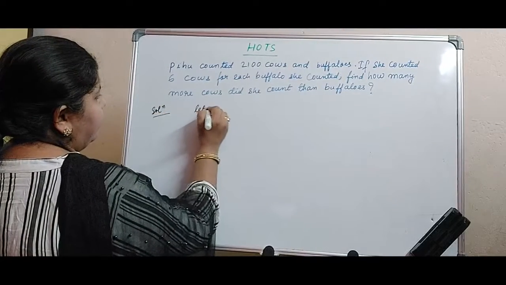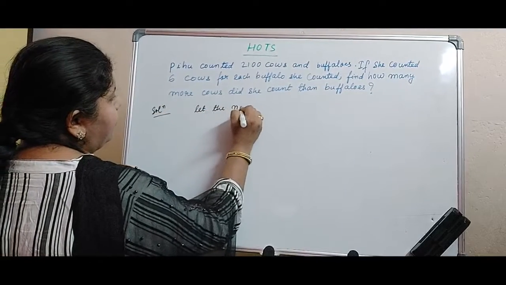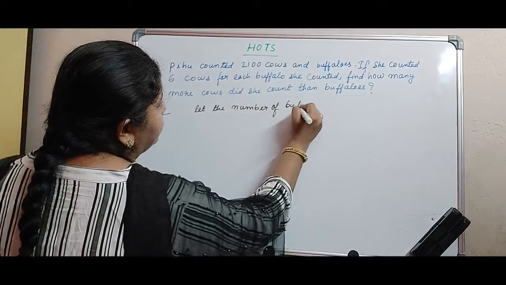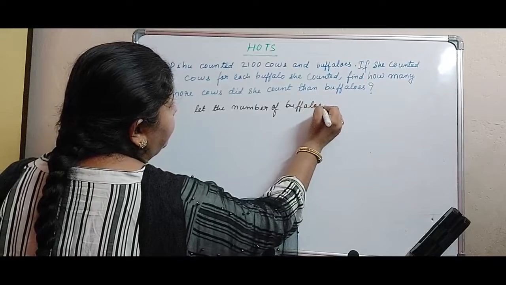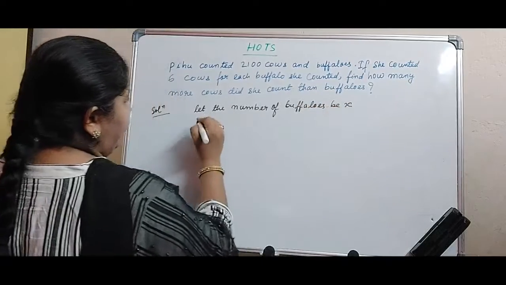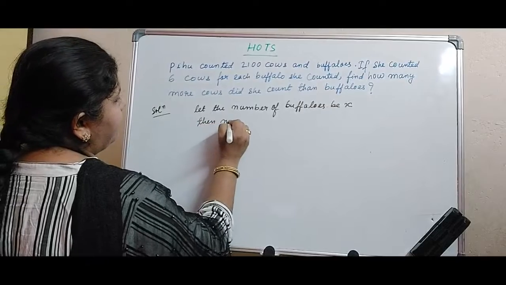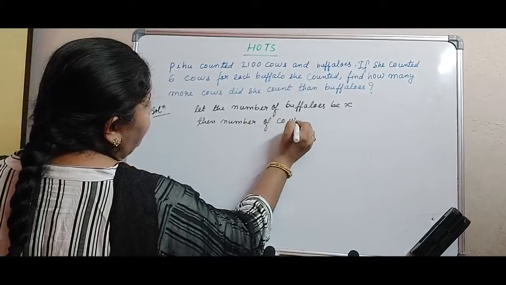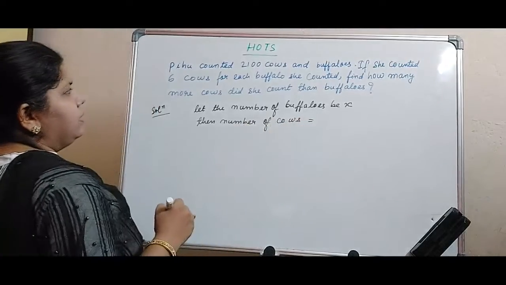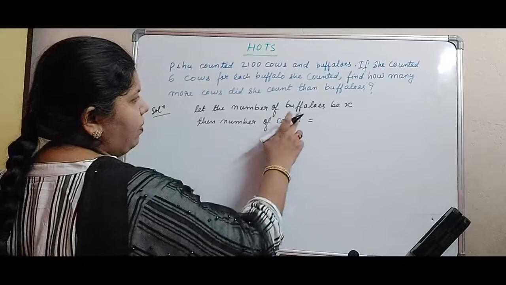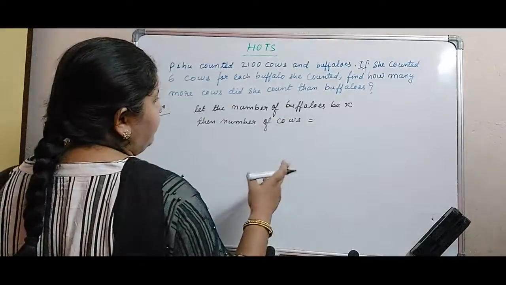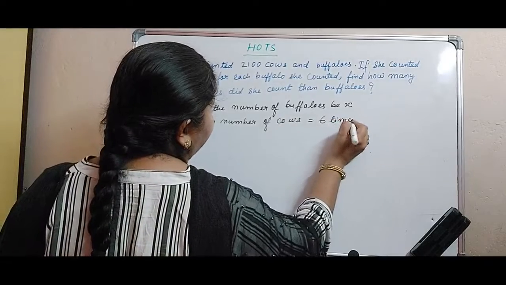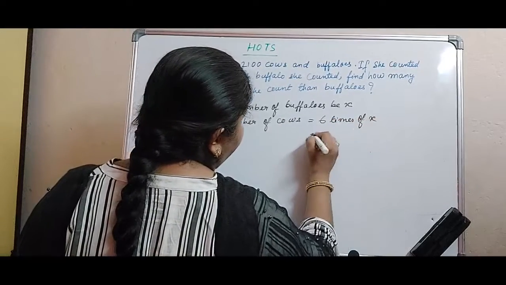Let the number of buffaloes be x, then the number of cows equal to 6 times x, that is equal to 6x.